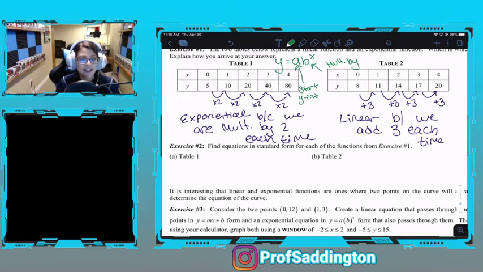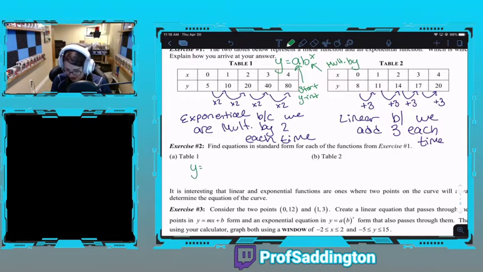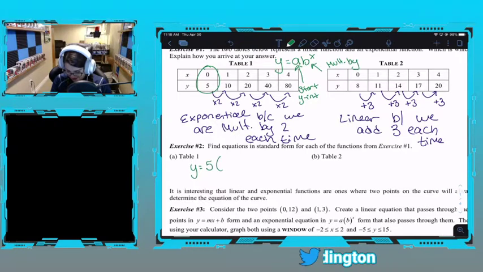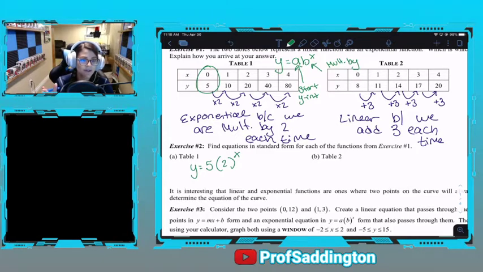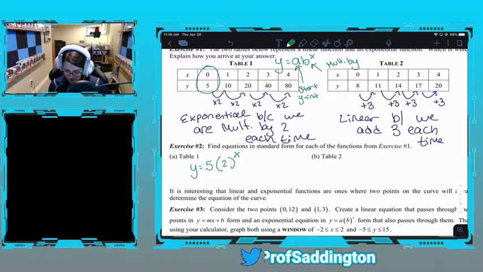If we take that into consideration, we're going to have y equals, our y-intercept is right there at (0, 5). So it's 5 times, we're multiplying by 2 to the x. So our initial times whatever we're multiplying by each time raised to the x, which with last lesson, that exponent was a representative of time.